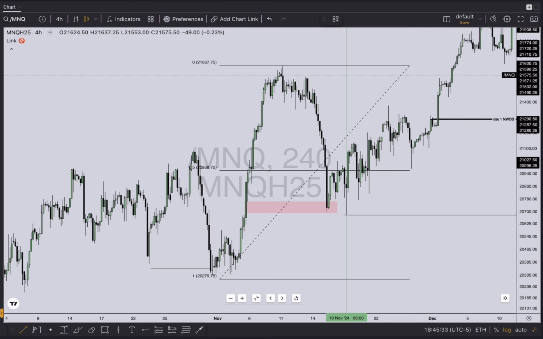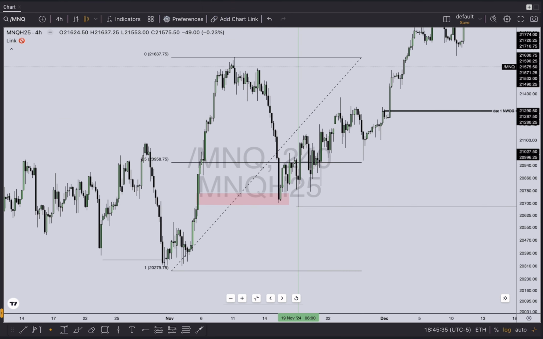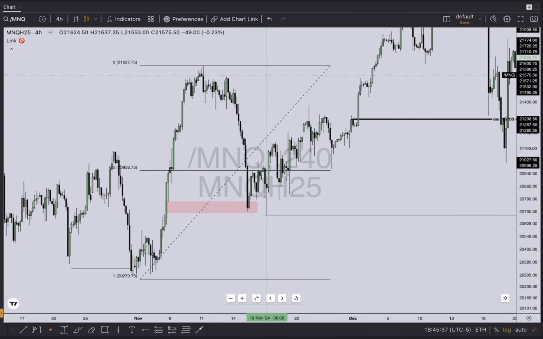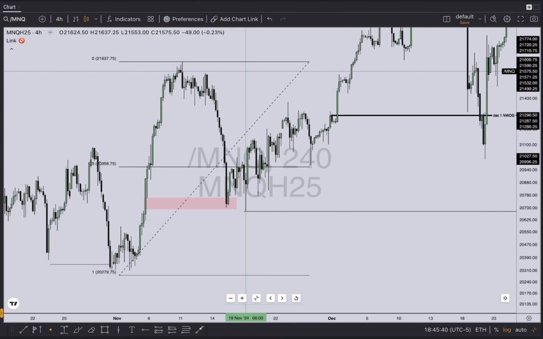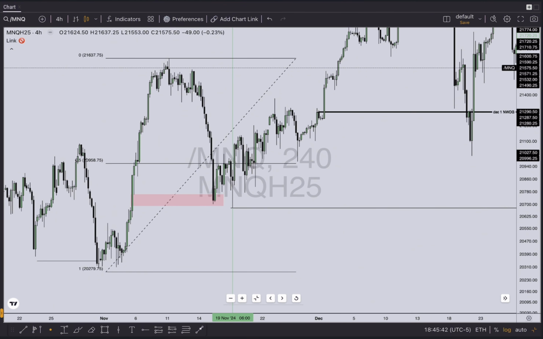We've broken structure here, cool. We're in discount, cool, and inefficiency. So for me, if we inverse this inefficiency on the 4 hour, we might anticipate lower prices to tap into this inefficiency, this order block, and then from there see if we have a rejection or if you want to sweep the lows, right?